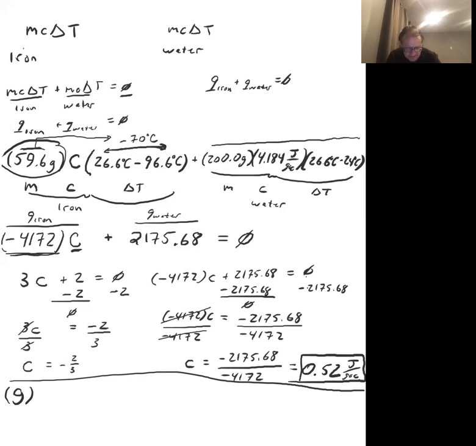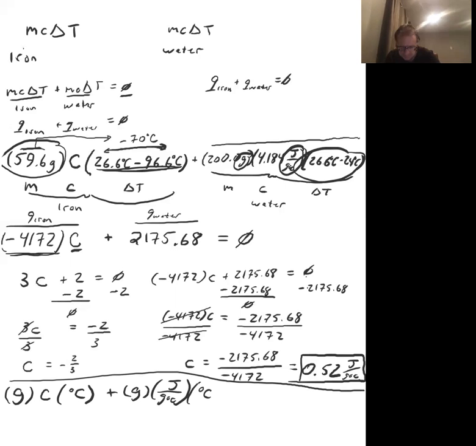We don't know what C is, so I'm just going to put C. The change in temperature should be degrees C. And then we're going to add to that grams, joules per gram degrees C. And then the change in temperature is degrees C.